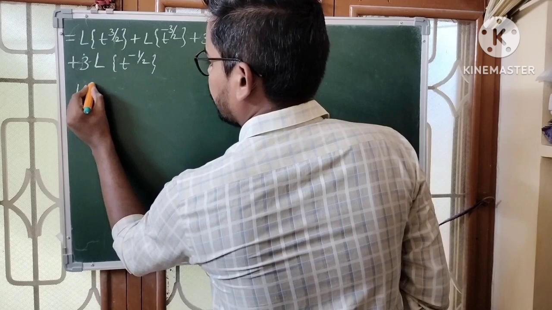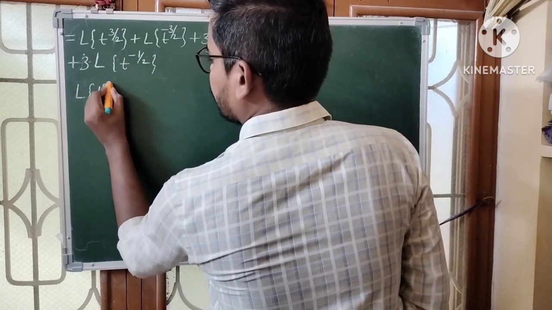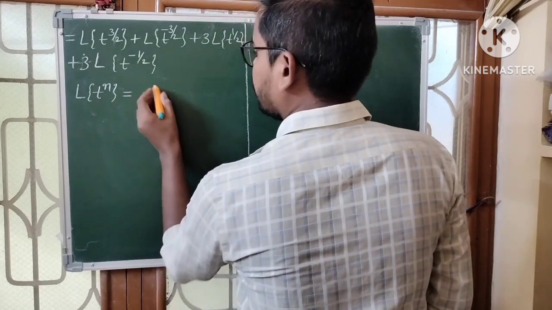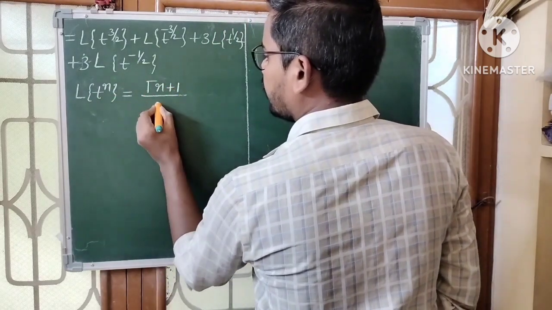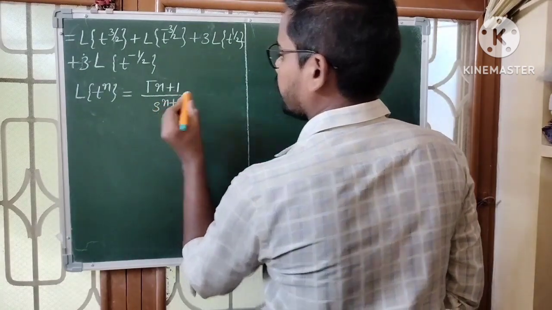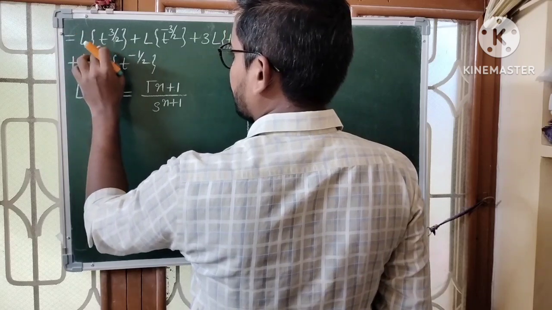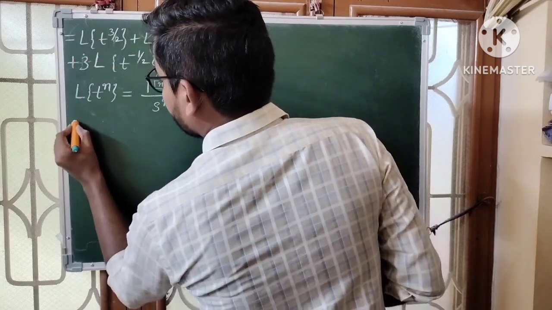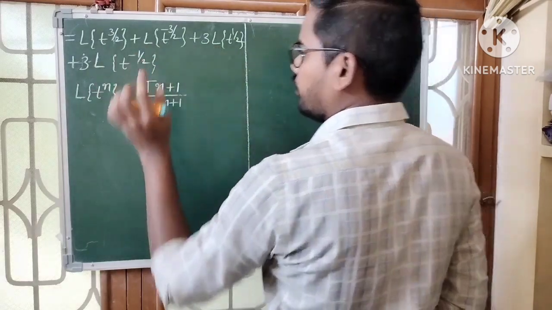We know that Laplace transform of t power n is equal to gamma n plus 1 by s power n plus 1. So first of all, let us find the Laplace transform of t power 3 by 2. Let us make it into 4 parts: part 1, part 2, part 3 and part 4.